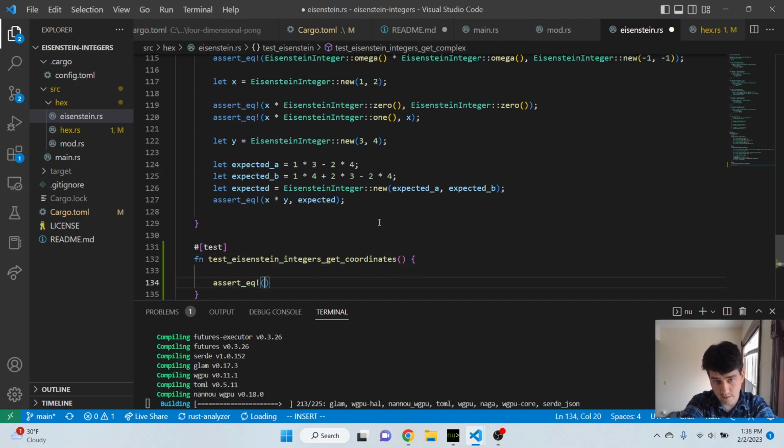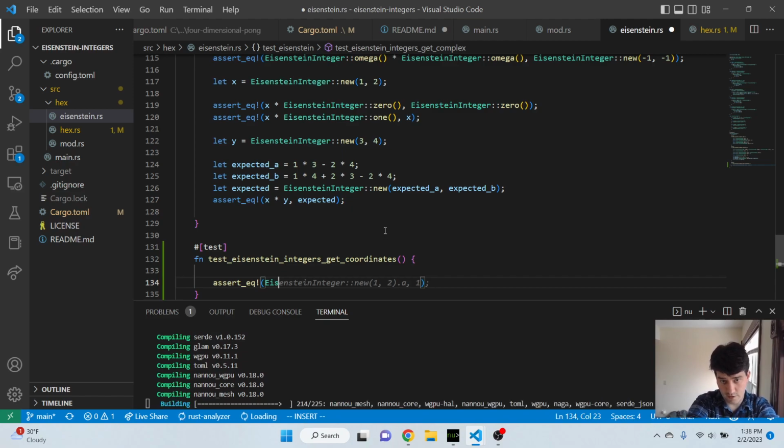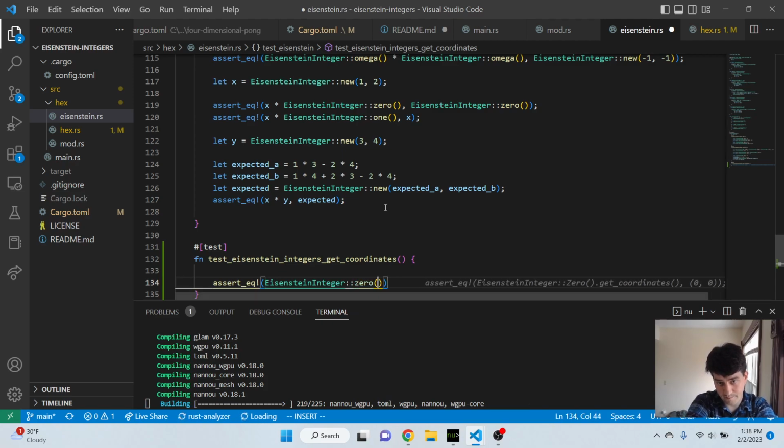And let's say assert equals Eisenstein integer new. Let's just say 0. Should be 0, 0. This is what's going to allow us to draw it on the screen.